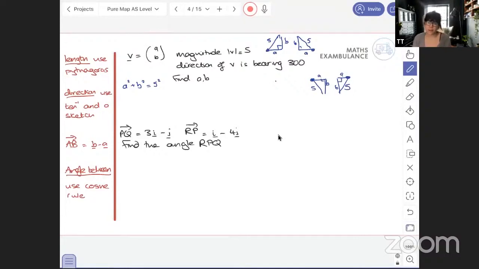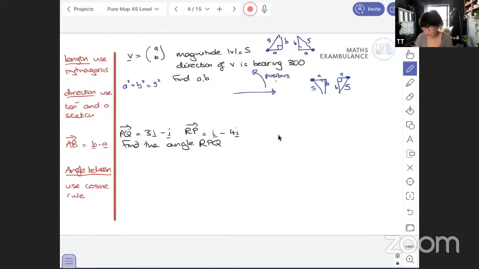Now we look at the direction. It says that it is going on a bearing of 300. Now I don't love bearings, but at least there's a rule with bearings. Whereas if I say it's going at 30 degrees to the horizontal, there's the horizontal, and 30 degrees is a convention that if we say a positive angle, we're measuring it round that way.